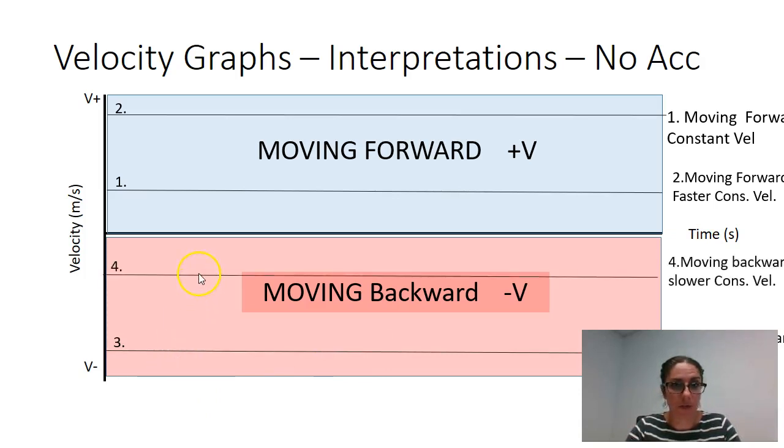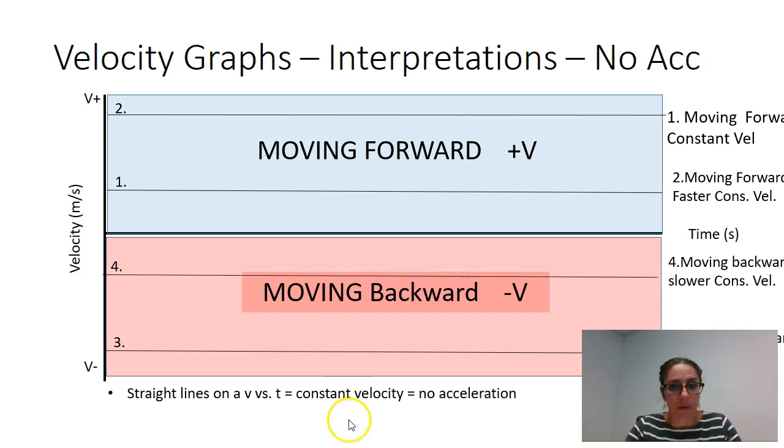This is moving slower in the negative direction, but still moving constant because we have a horizontal line. And then, if you're on this line, the 0 line, it means you're not moving, right? Because you don't have a velocity during that time. So straight lines on a velocity versus time graph means it's constant velocity.